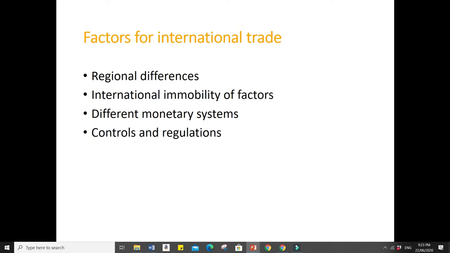Next, controls and regulations. So the existence of political boundaries carries with it controls and regulations of international trade and payments in forms of custom duties, maybe quotas, exchange controls, foreign trade monopolies, and other measures of control known as your administrative protectionism.